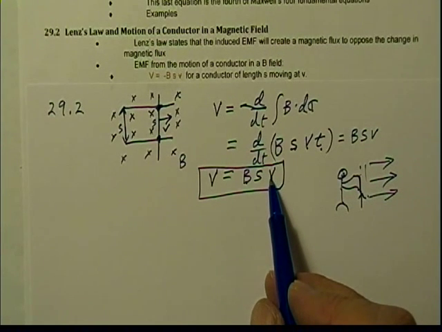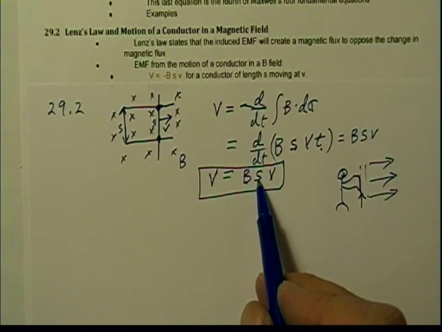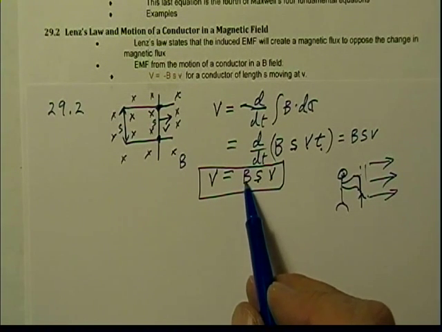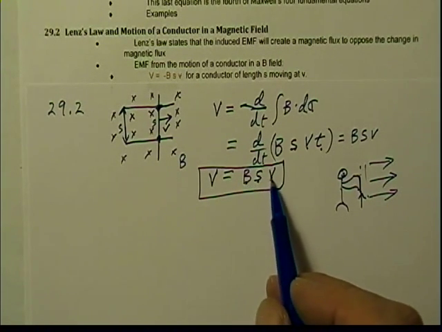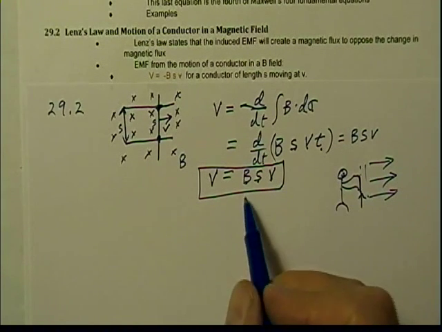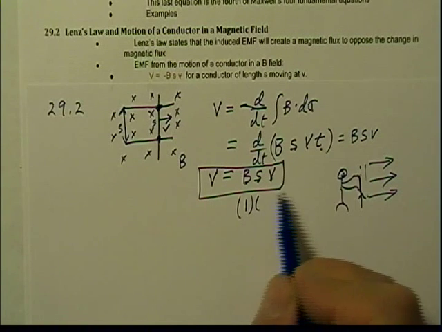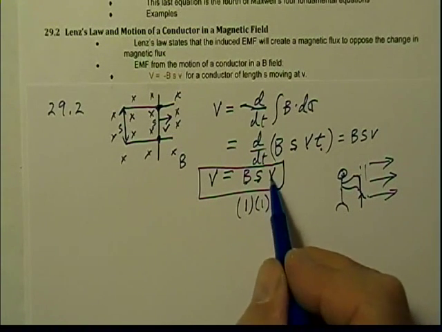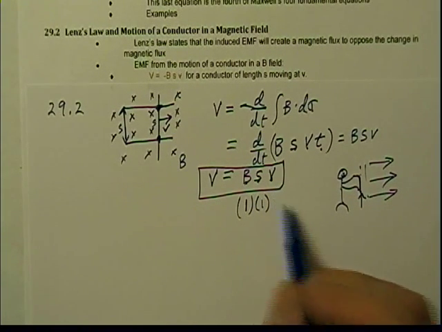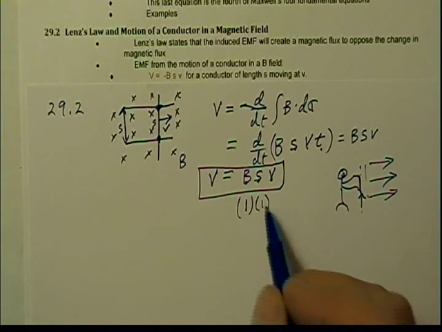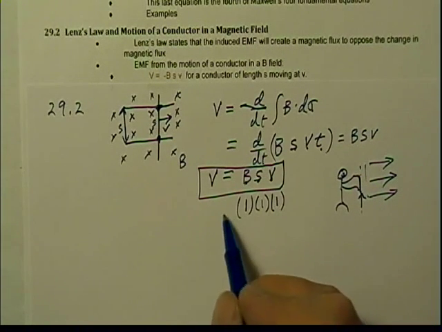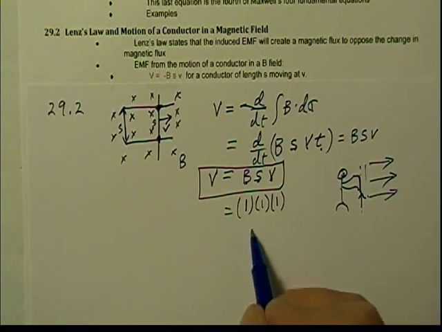Well, if he moves it fast enough, let's say it has a length of 1 meter and 1 Tesla, and he does that with 1 meter per second, you can see that he would have 1 Tesla times 1 meter times a velocity of 1 meter per second. If he can bring it all the way up to countertop level in 1 second, he would get 1 volt.